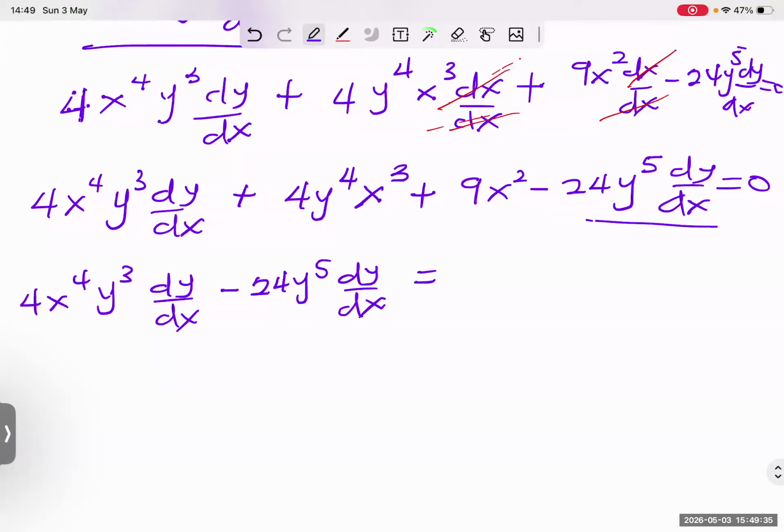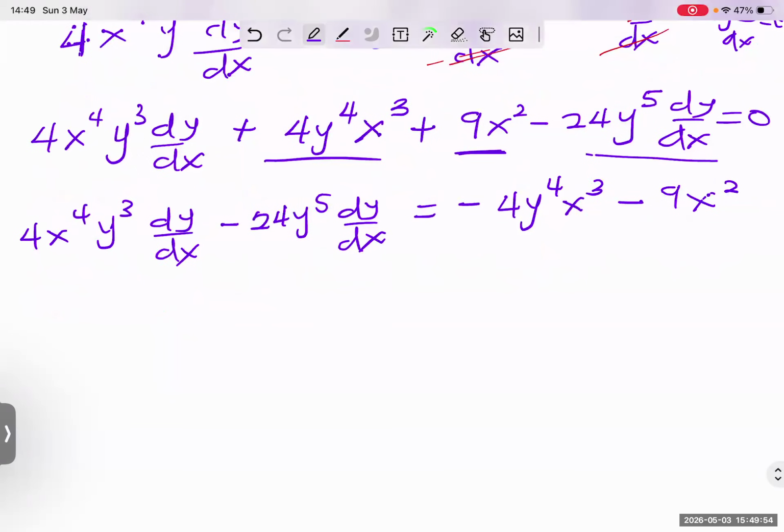This is equal to, if I send this to the other side, since it's positive now, it becomes negative 4y^4 x^3. Then I'll send this to the other side. It's also positive, so it becomes minus 9x^2. Next step is to factorize the dy dx because we are looking for dy dx.